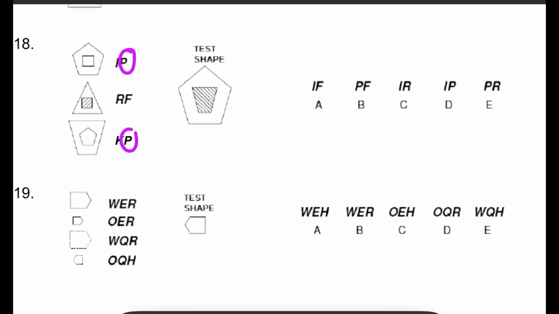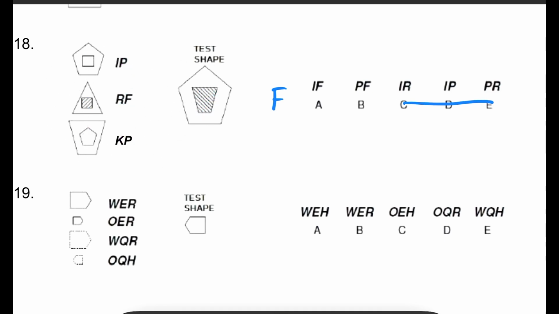These two both have a P as the second letter, and they both have a shape where the inside shape is unstriped, as you can see, whereas the test shape is striped, the same as this one, and the second letter here was an F. So the second letter here will also be an F, so we can rule out all those options.